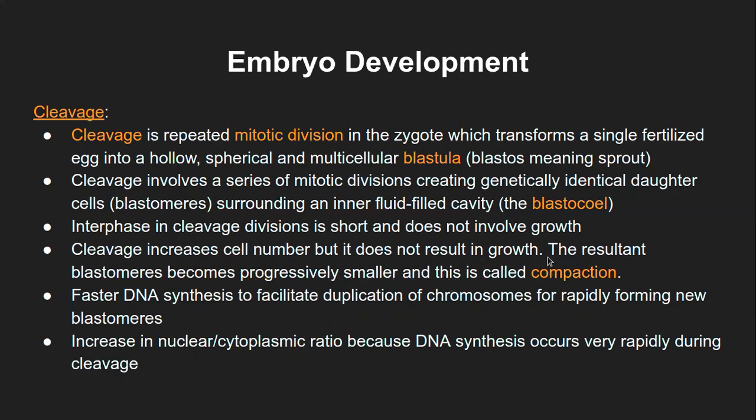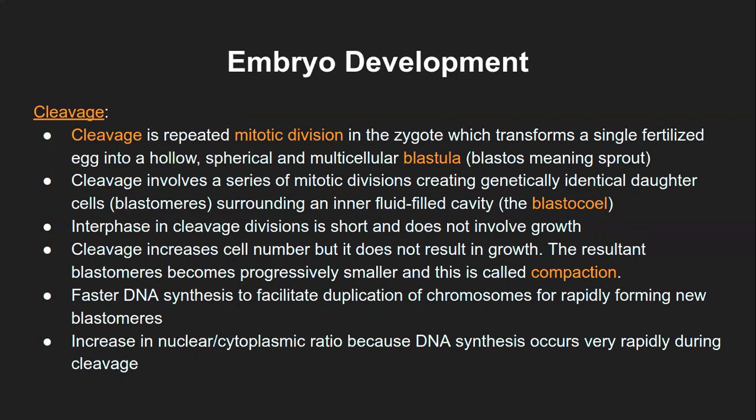Like I said, it does not drastically increase in terms of size, like how we would imagine there is one cell, and when it divides into two cells, the two cells will have just a little smaller size than the parent cell. When they become four, they should ideally be bigger than the original parent cell, but that does not happen here. That's why this compaction of the blastomeres is one of the important stages.